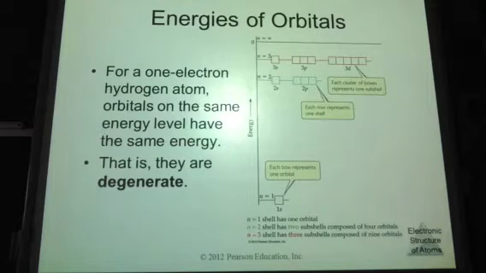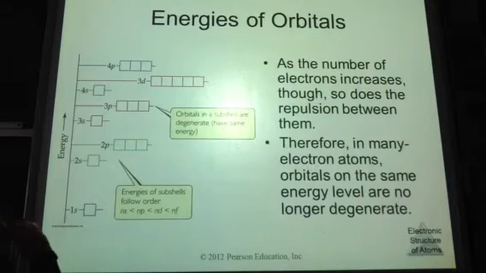Okay, in terms of energies of orbitals, for a 1 electron hydrogen atom, orbitals on the same energy level have the same energy. Another name for that, i.e., is that they are degenerate. So if I'm thinking of a 1 electron hydrogen atom, orbitals on the same energy level have that same energy.